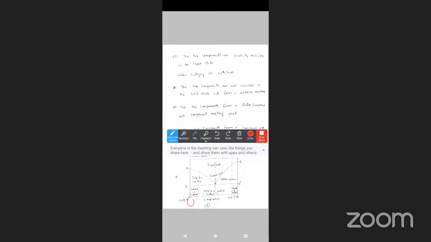Now at point A we have 100% A, and at point B we have 100% of B, and at the remaining positions both A and B exist. Suppose at this point, A to some extent and most of the B. And this is the curve AC and curve CB or BC.